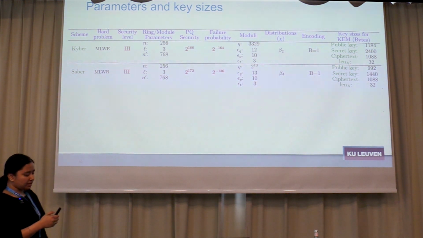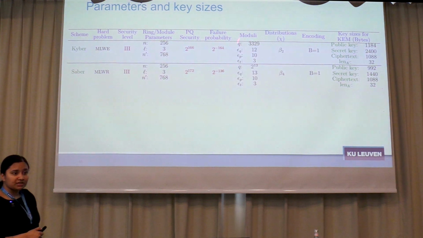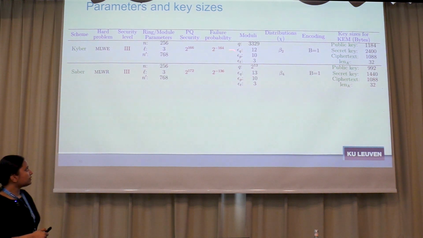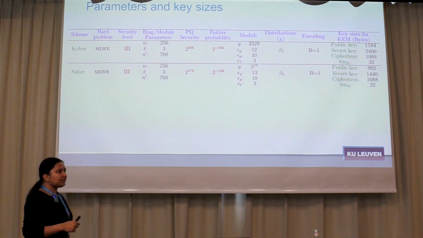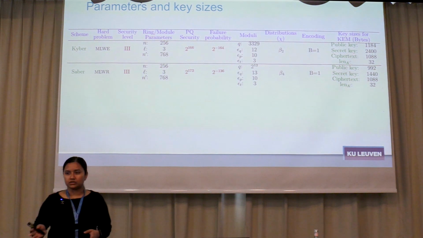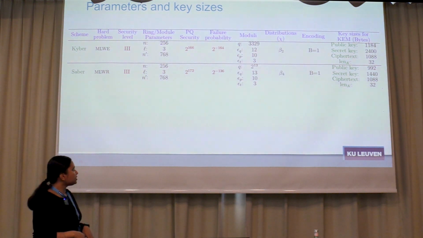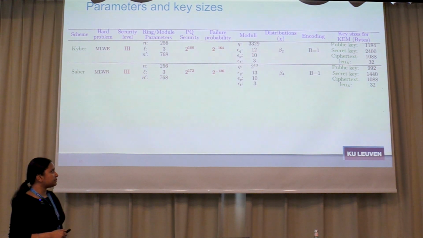And one thing I would like to note is the modulus that is used in Kyber, that is 3329. It's a prime modulus, which is a 12-bit number. It used to be a 13-bit number, but later they improved it by adding this 12-bit modulus. And yeah, it helped them a lot to reduce the public key size.